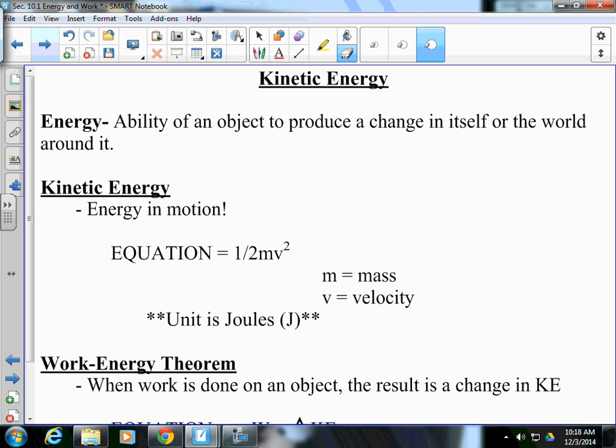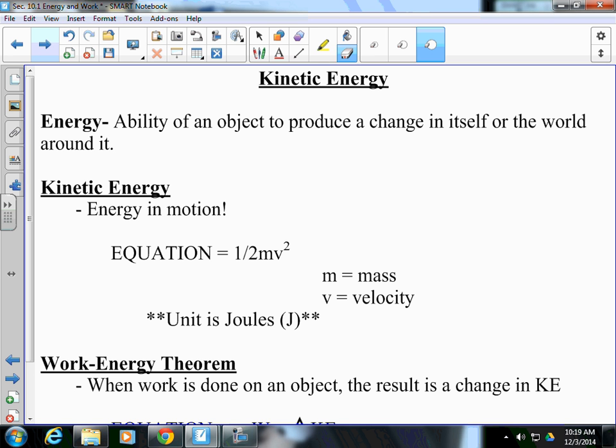Now, we mentioned in Chapter 10 that we are talking about energy in general. The first type of energy we're going to talk about is kinetic energy, which is energy in motion. Remember, energy in general is just the ability of an object to produce a change in itself, whether in momentum or velocity or anything around that, and change the surroundings or the environment around it.